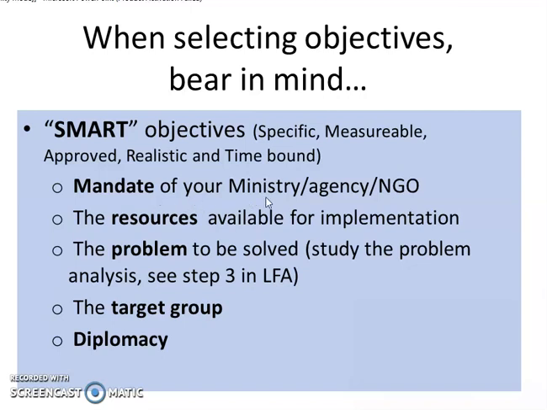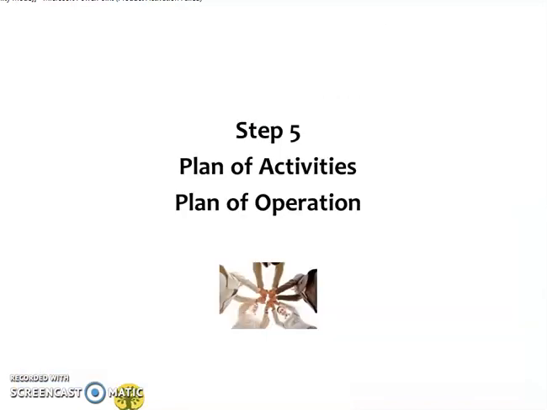The mandate of the corresponding offices and ministries should be identified. Resources for implementing the project objectives should be known. The problem to be solved corresponding to the objectives should be identified. The target group and the diplomacy issues or lobbyists should be considered. So accordingly, we may go toward achieving our objectives.